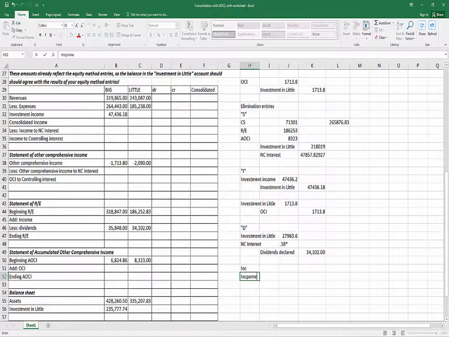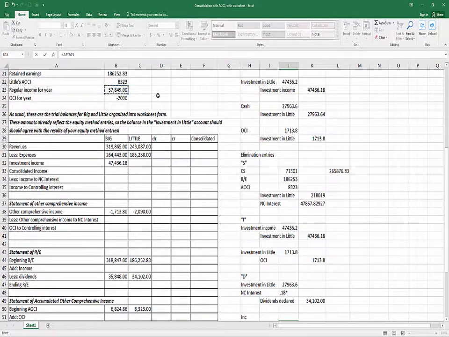So income to the non-controlling interest, let me shorten that, Inc to NC interest, they're going to get their percentage, 18%, of the subsidiary's reported earnings, 57,849.